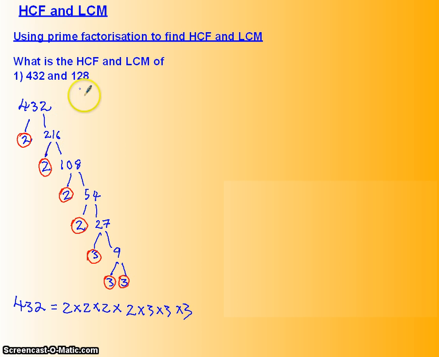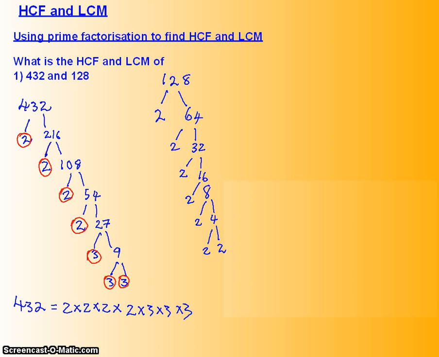So let us express 128 now as a product of its primes. So we would have 128, so 2 times 64, and then we have 2 times 32, and then we have 2 times 16, and then we have 2 times 8, then we have 2 times 4, and then we have 2 times 2.